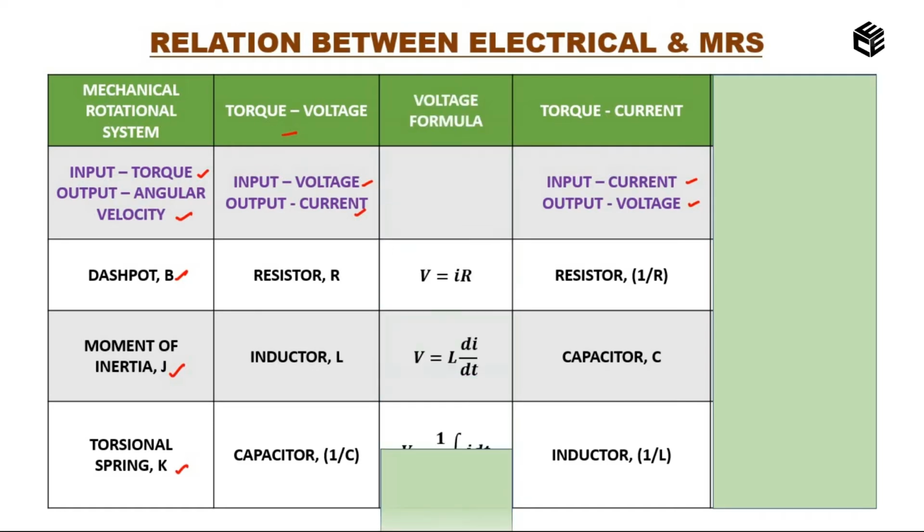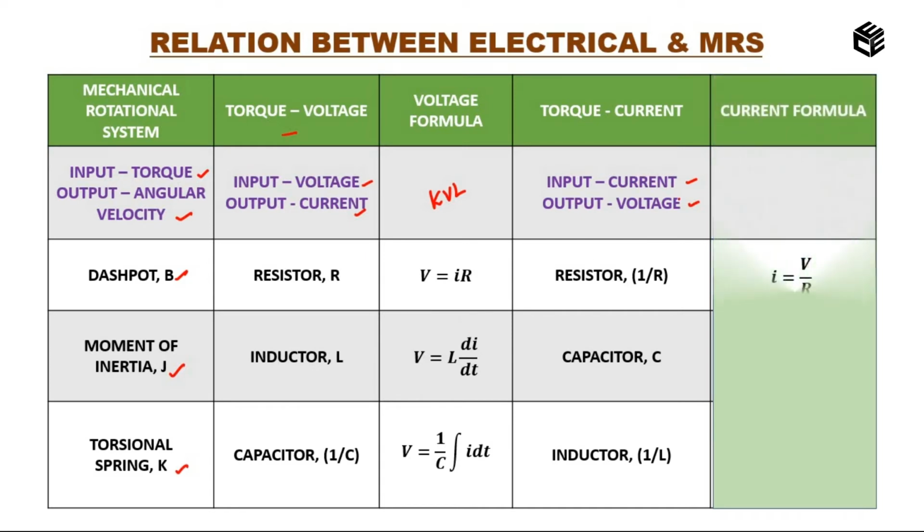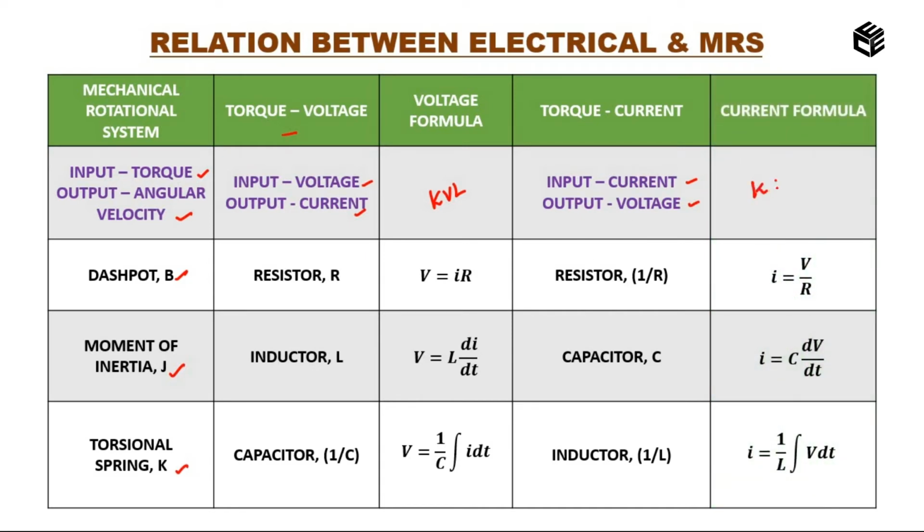Here also we use Kirchhoff's voltage law for torque voltage, and the same formula pattern is followed. For current formulas we apply Kirchhoff's current law, and the same pattern is followed. The only variation is that there we use force and here we use torque, and there we use velocity and here we use angular velocity.